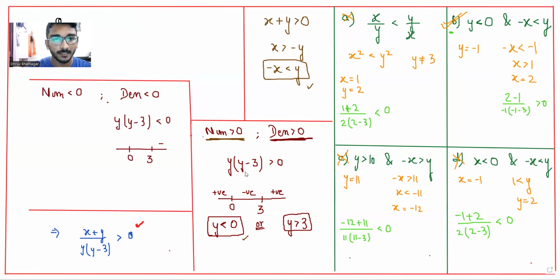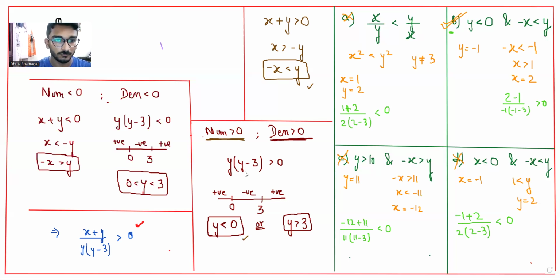If I draw the number line again, I can say that when y is between 0 and 3, the whole denominator is negative. And to make the numerator also negative, I can say that x plus y is less than 0, x is less than minus y, or this condition. So this condition is not in the options. That is why I have to go with the first condition.